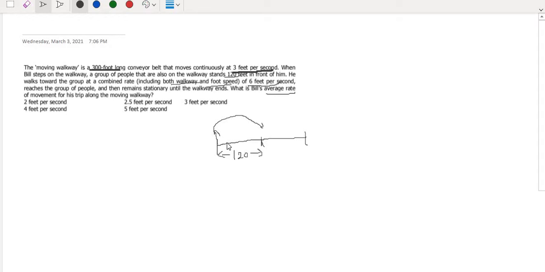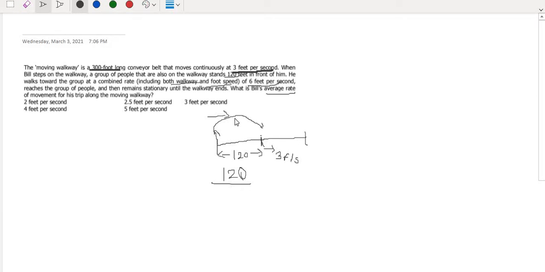Before we start, we know that this group is 120 feet in front of Bill, so the distance between Bill and the group is 120 feet. Now relative speed. Bill moves at 6 feet per second to reach the group, and the group is just moving at the speed of the walkway, which is 3 feet per second.